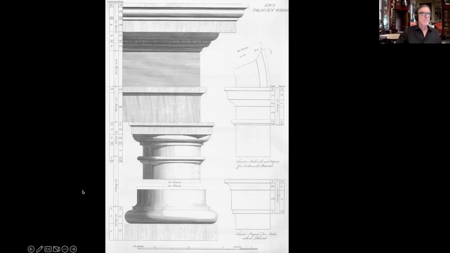The corona, and I'll bring up my laser pointer, is this band up at the top here, and you can see that's a fascia. It's a linearly extruded flat surface. Similarly, the frieze, which is this portion of the entablature, is also a fascia, and the architrave, the lower band, is also a fascia.